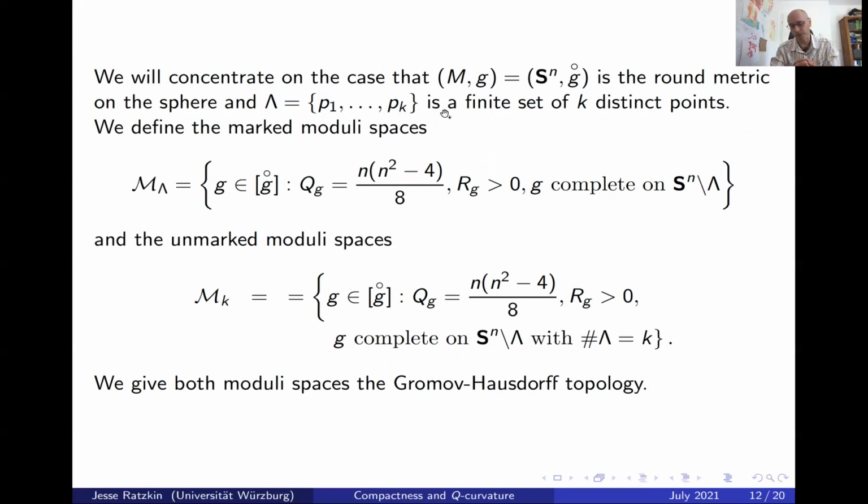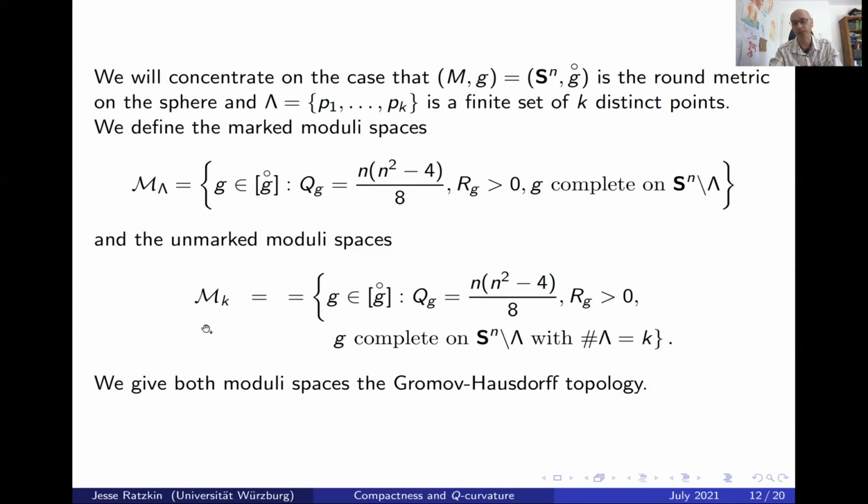And if I take this setting, I want to define two moduli spaces of solutions. The first moduli space is going to be the marked moduli space, where I specify the position of all the punctures of all these singular metrics. And the second moduli space is going to be the unmarked moduli space.